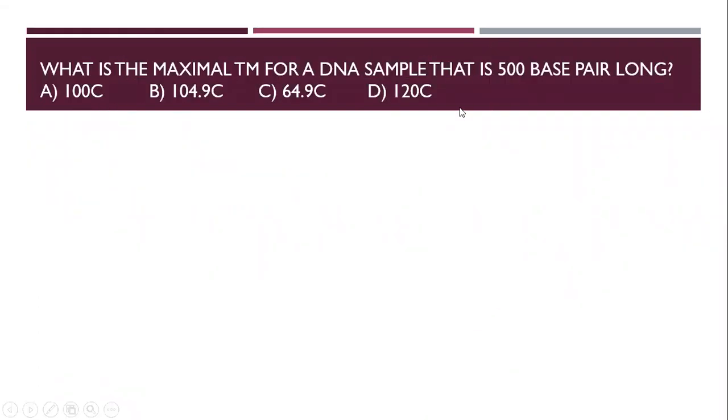Now, what is the maximum Tm for a DNA sample that is 500 base pair long? This is again very simple. So what will be the answer? Tm is equal to 64.9 plus 0.41 into... since they are asking for the maximum, what will be the maximum value you can use for GC?